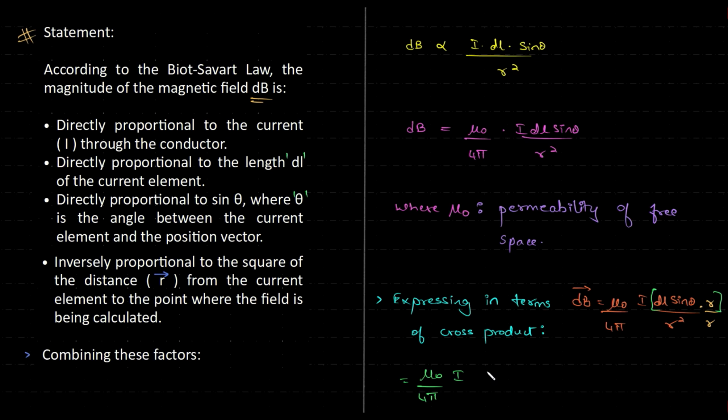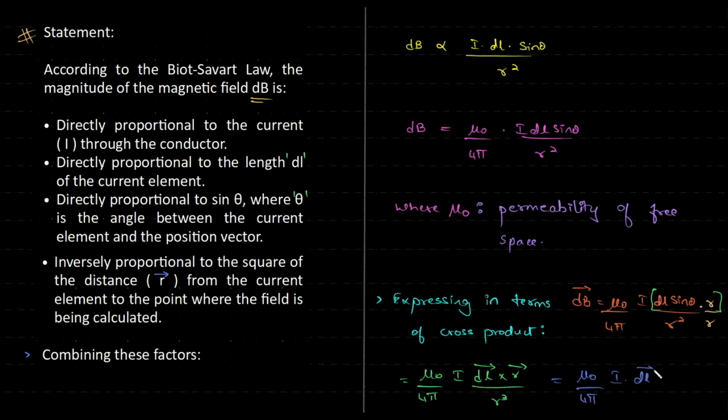Any point of time, in these two grades and in the future, if you're not able to understand cross and dot, you have to go back to basics. It is always measured from dl to r, and this is r cube. There are many ways of representing it. You can use a unit vector over here. This will become square and all of that. So if you want to see that, again, be good with vectors.